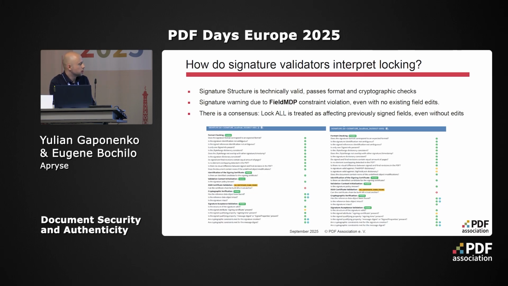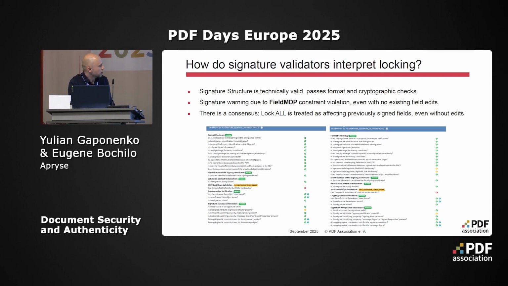It indeed says over here that the FieldMDP constraint was violated. All the tools agree that the signature that was created is cryptographically valid, but the modification analysis gave unexpected results to the customer.